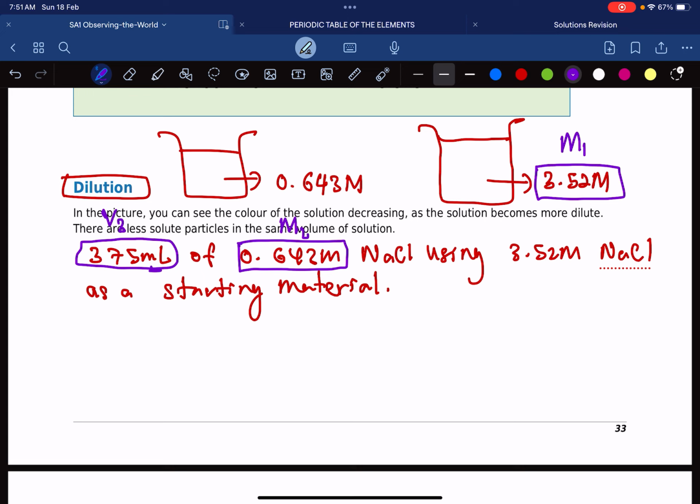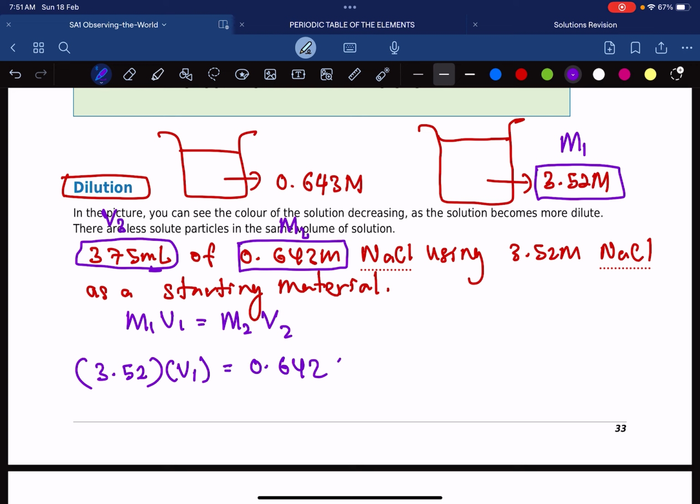So we're going to quite simply use this formula, M1 V1 equals M2 V2. Let's plug this in. 3.52 times V1, which we don't know, equals 0.643 times 375.